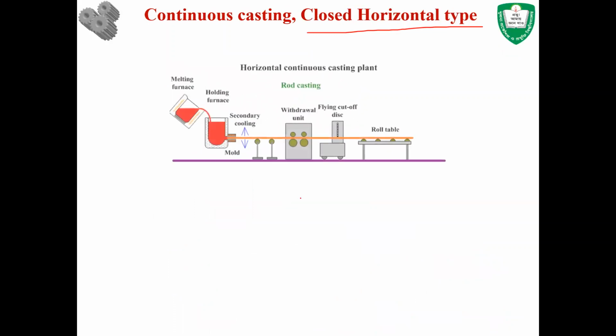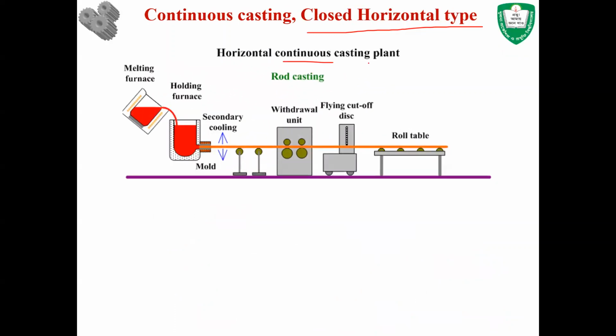And the same thing has to be maintained in the case of the horizontal continuous casting plant. In this case, the height has to be maintained properly so that the material pressure in this region is always constant. Due to gravity, the molten material comes out of this die, and the die has the cooling mechanism.